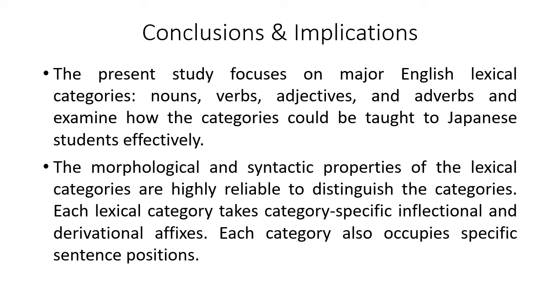The morphological and syntactic properties of the lexical categories are highly reliable to distinguish the categories. Each lexical category takes category-specific inflectional and derivational affixes. Each category also occupies specific sentence positions.